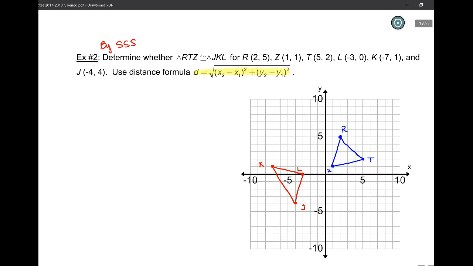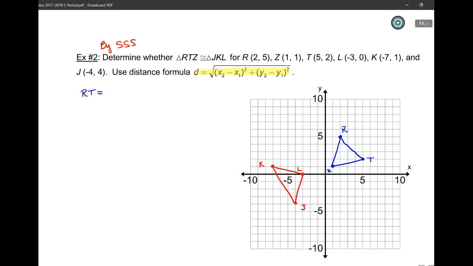And because these are not just horizontal or vertical distances from each other, we actually are going to have to use the distance formula. And yes, it's a little bit of a lengthy process because we have to use the distance formula 6 times. So we're going to start with, you can start with any side. Let's say we start with RT.